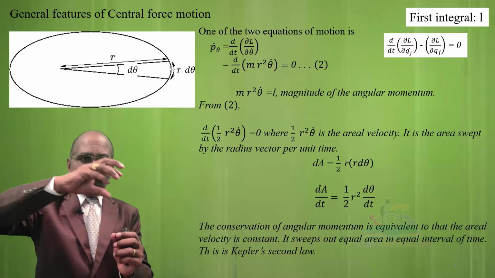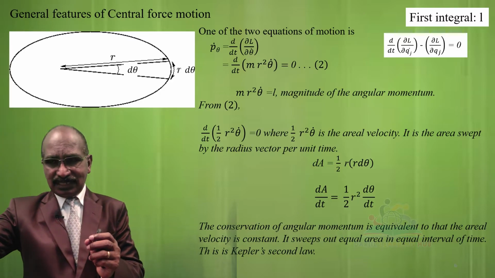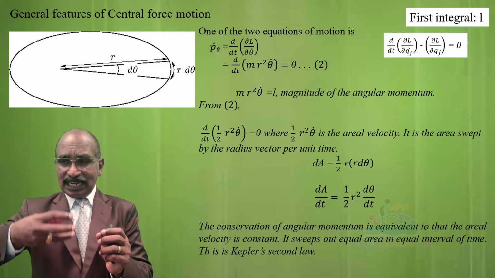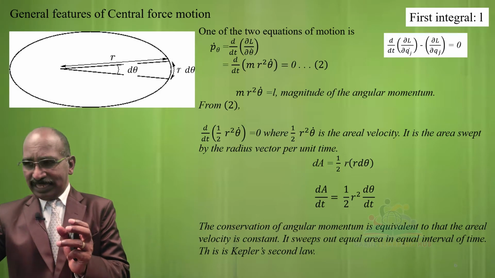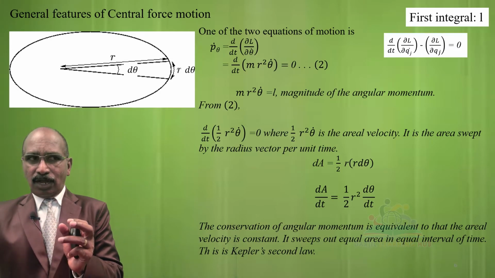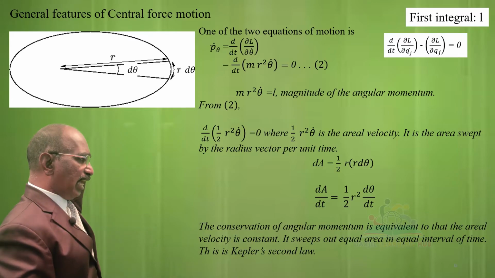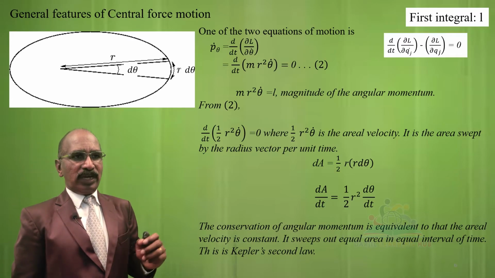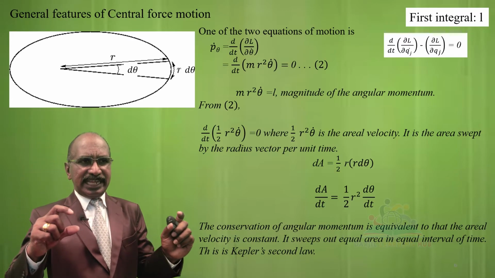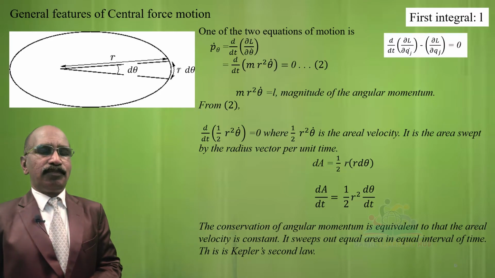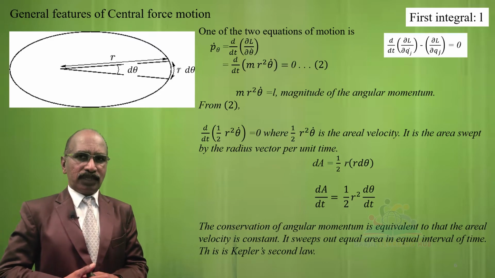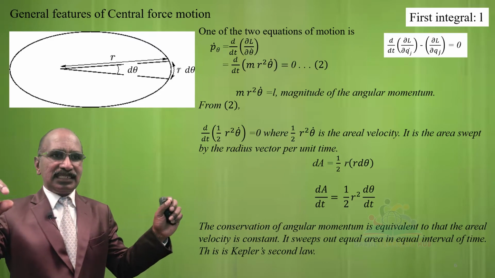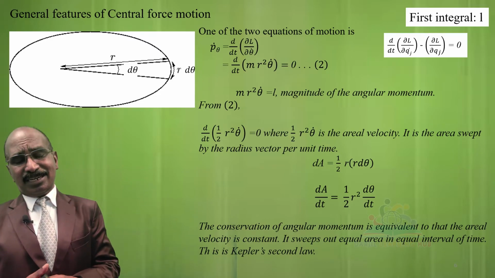So previously we proved that angular momentum is constant. Now this angular momentum we calculated in another way, that will be equal to the area. How is it the area? You see the figure here. In the figure you have the area. We can calculate that area, that conical section, by the radius vector. The radius vector sweeps an angle d theta. So that area is of r square theta dot.